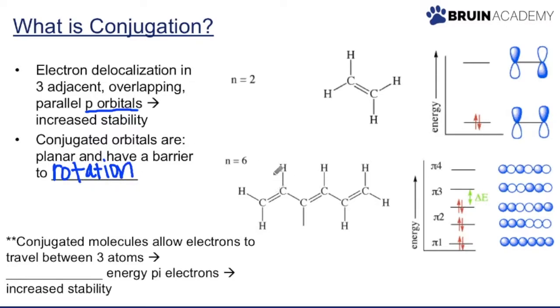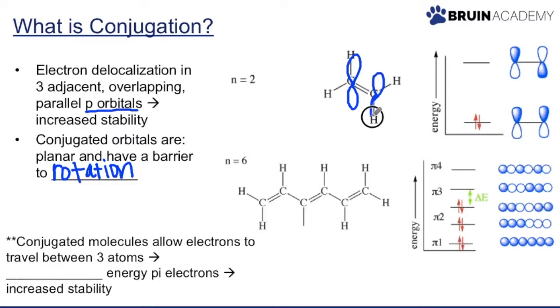So let's take a look at this diagram here and kind of explore this concept further. Here we have a non-conjugated molecule, and this one is a conjugated molecule. And we can tell that by considering what these p orbitals look like.